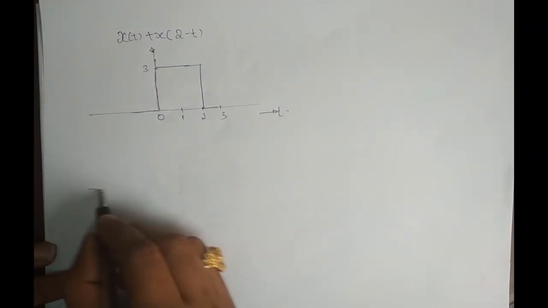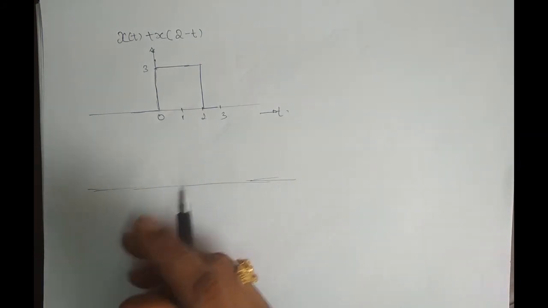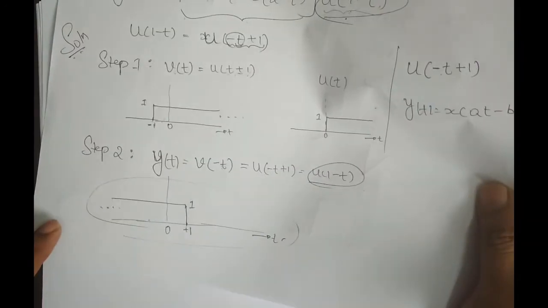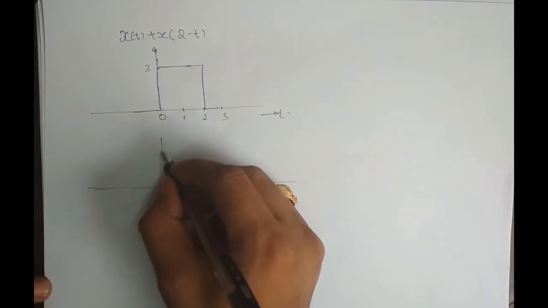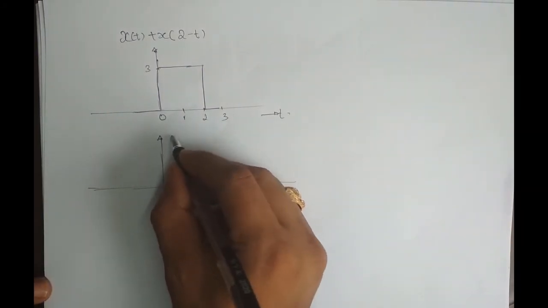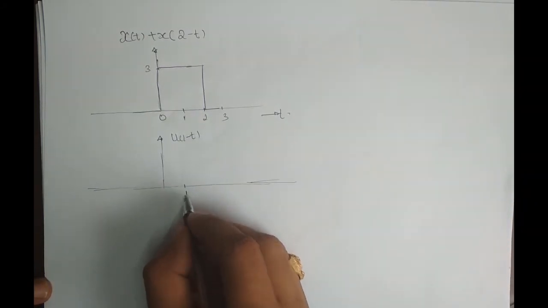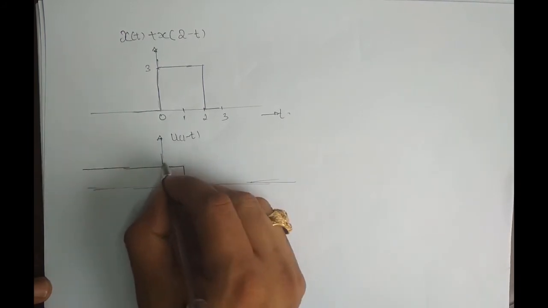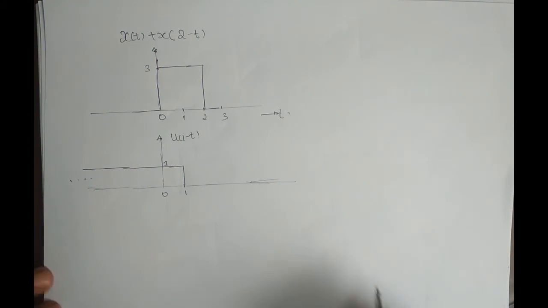So this has to be multiplied, mind you, it's not added, it has to be multiplied with u of 1 minus t. Now how does u of 1 minus t look? It looks like this, right? It is defined for t varying from minus infinity to plus 1 and its amplitude is 1, right? So this is u of 1 minus t. So it is plus 1. Its amplitude is 1 for t varying from minus infinity to plus 1, right?